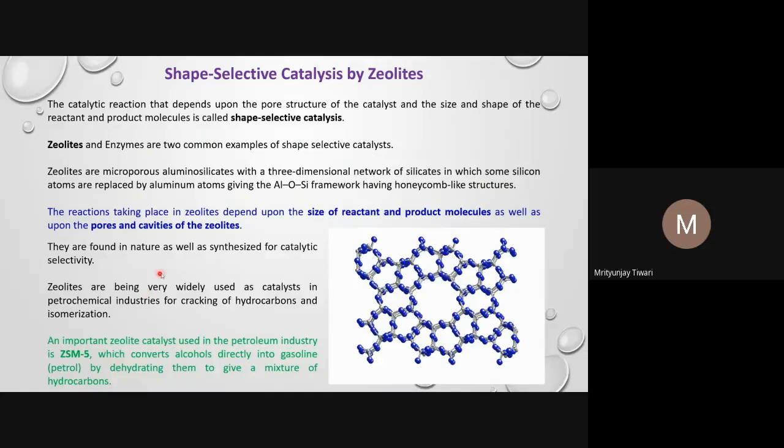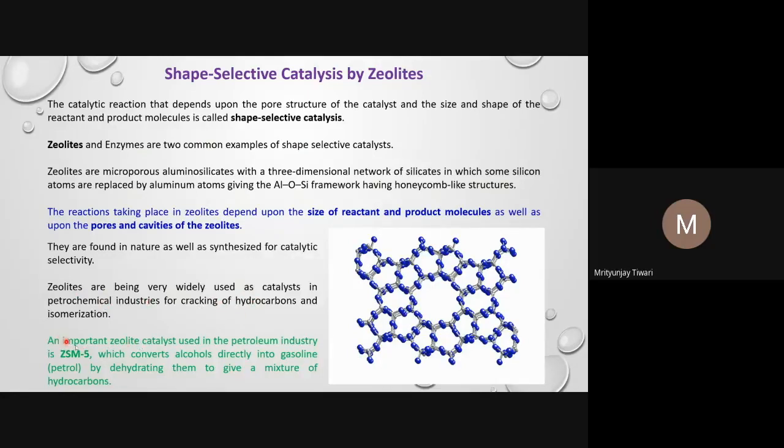And so they are found in nature. The zeolites are found in nature as well as synthesized for catalytic selectivity. There are many examples of zeolites, and zeolites are widely used as catalysts in petrochemical industries for cracking hydrocarbons and isomerization. So for cracking of hydrocarbons and their isomerization, we use zeolite catalysts.